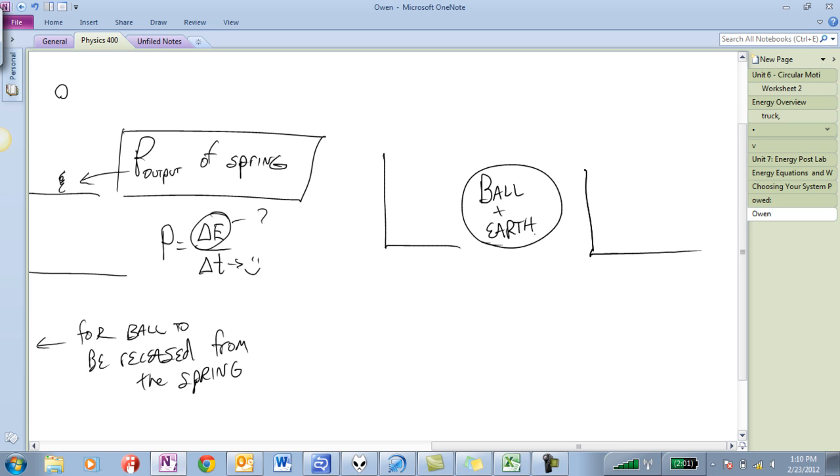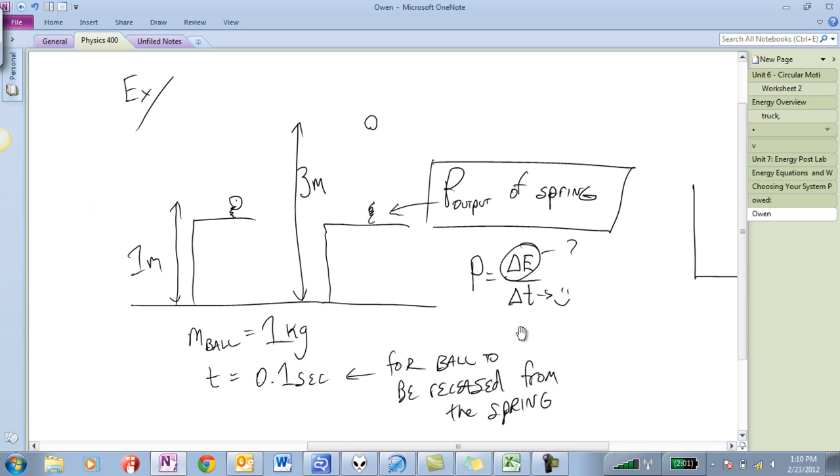Now, the other thing, moving on over to our picture, is going to ask, do I have any energy stored in my initial state right here? And the answer to this question can be twofold. Yes and no, dependent on how you set this up.